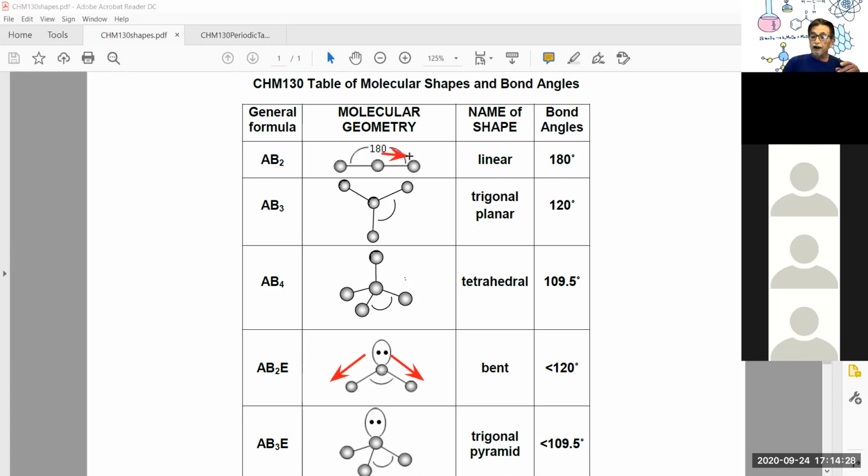Unlike carbon dioxide, where we had this scenario. In carbon dioxide, those arrows cancel out. Do you think that these arrows down here for the sulfur dioxide would cancel out? No, they're going in completely different directions.